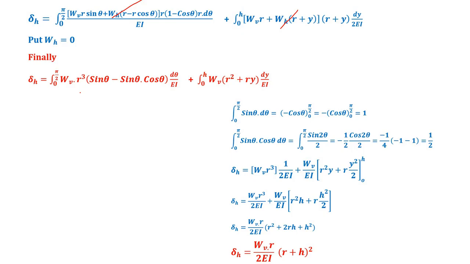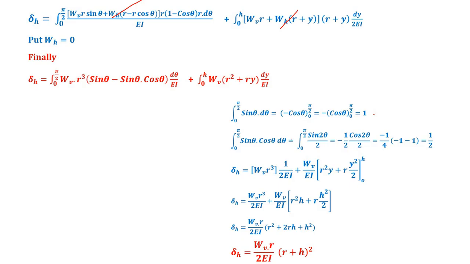Then you have del H equal to WV r cube times the integral of sin theta minus sin theta cos theta d theta by EI, plus the integral from 0 to h of WV times r square plus ry into dy by EI. The integral from 0 to pi by 2 of sin theta d theta is equal to 1.